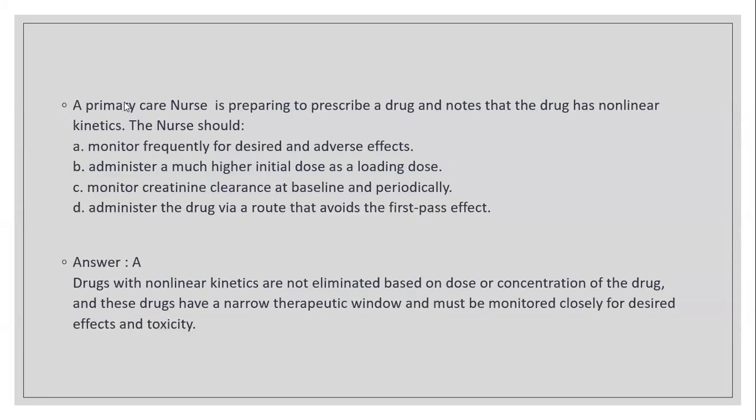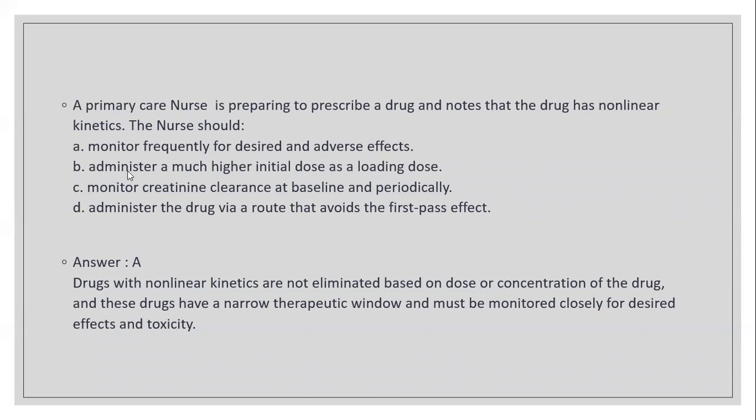Next question: a primary care nurse is preparing to prescribe a drug and notes that the drug has non-linear kinetics. The nurse should: number A, monitor frequently for desired and adverse effects.